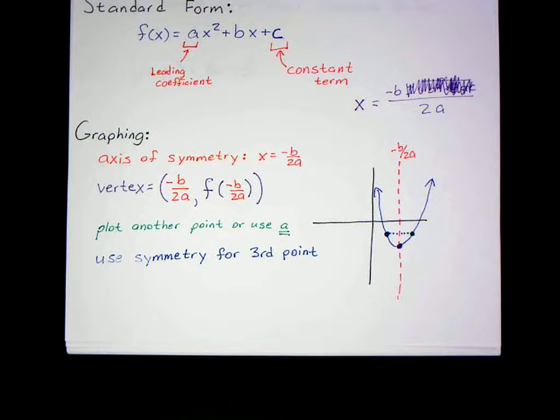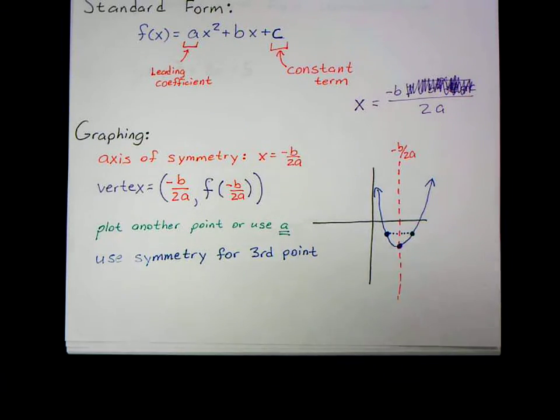But in math, what we want to do is generalize concepts so that we can do them without numbers, because as soon as you put in a number, it ruins your concept, because then it makes it very specific for that one thing.